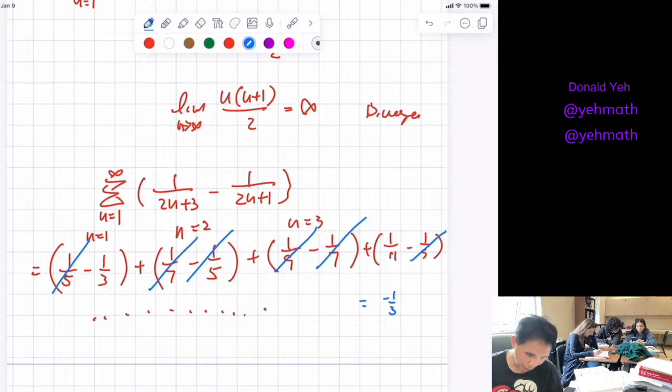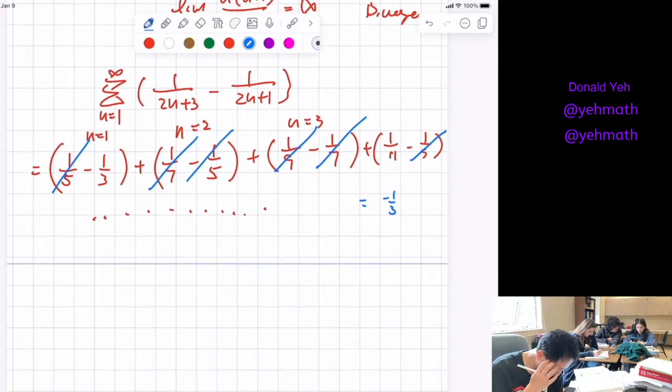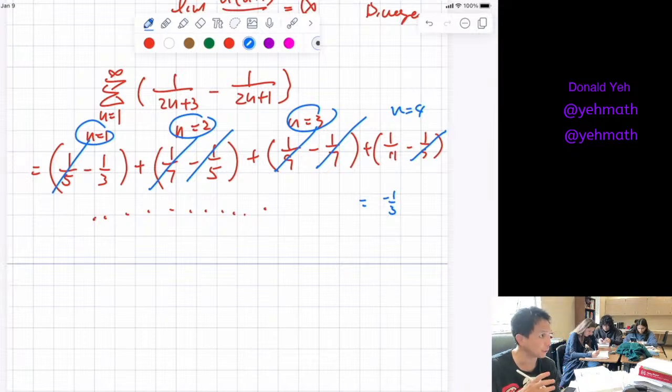But I'm going to actually show you the work to get to that. So this is n equal to 1, this is 2, this is 3, this is n equal to 4. What is the term two terms before n? It's n minus 2.